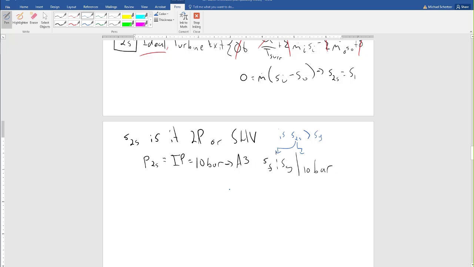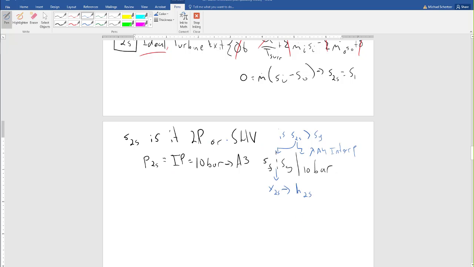It would be pretty weird to have a liquid coming out of a turbine in a Rankine cycle. So it's one of these two things. If it's over here, then you're going to go to table A4 and interpolate. But if it's in here, then you're going to find X of 2S using the quality equation, and then use that to find H2S.